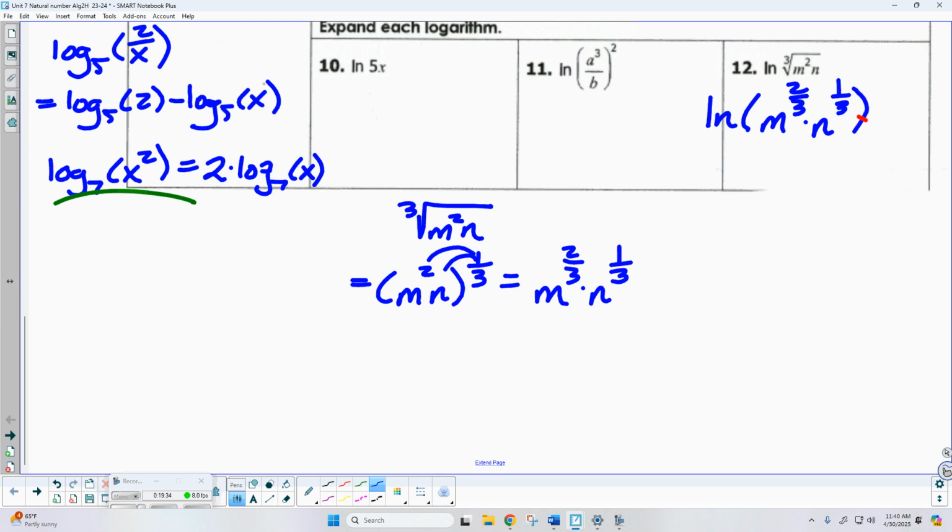Now we know we're going to break this apart by addition, but we're also going to have to do what? Pull those fractions to the front. Would anybody like me to write this in two steps, or can I just go straight to the answer? Everybody's okay with that? So we should be getting 2/3 the natural log of m, that's an m right there, it's a horrible m. Plus what? 1/3 the natural log of n. There we go.